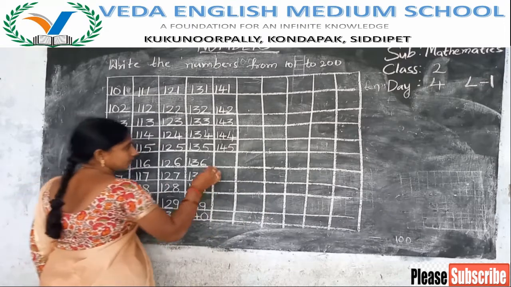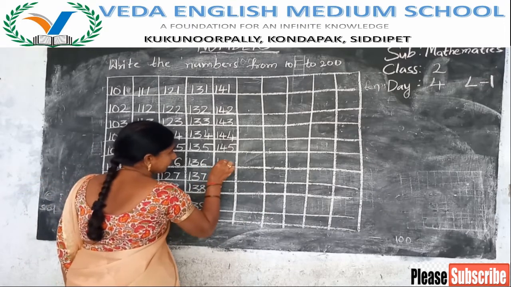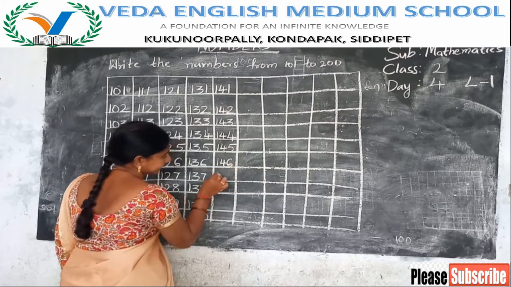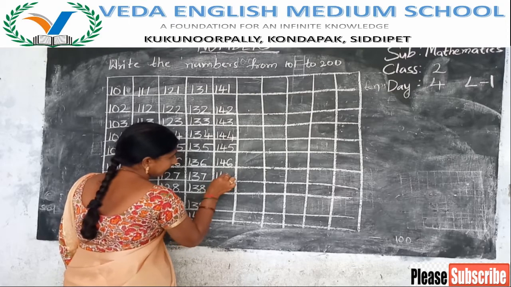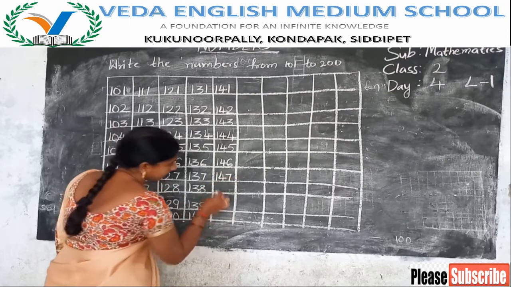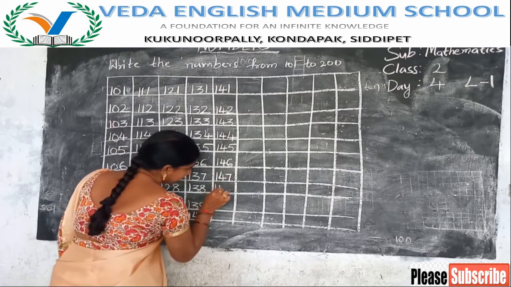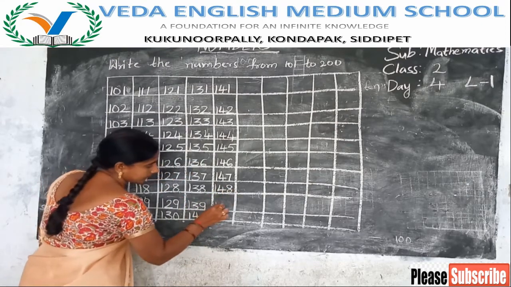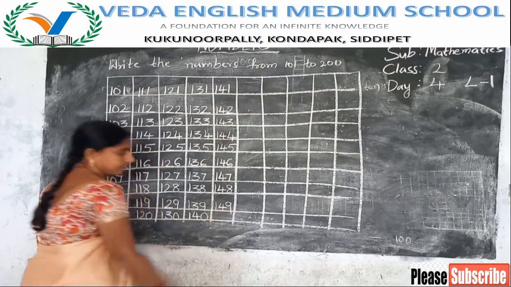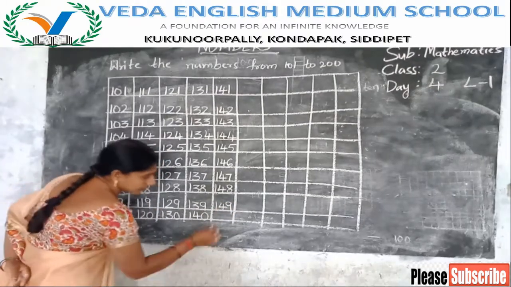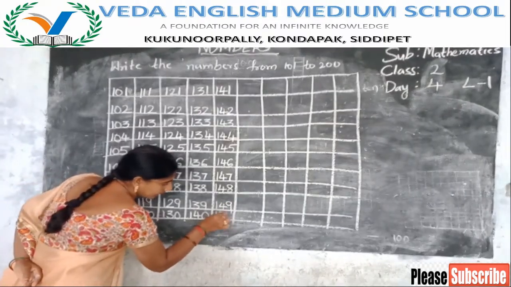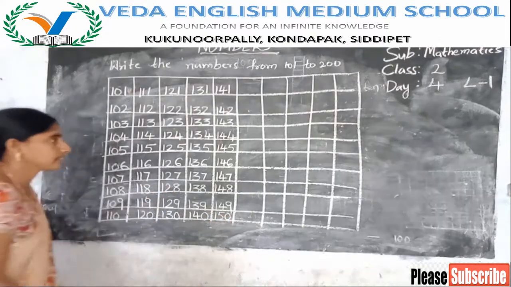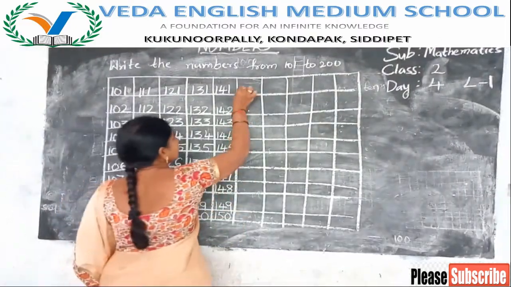After 145 is 146, 147. The next number is 148, 149. The next number is 150. Okay.